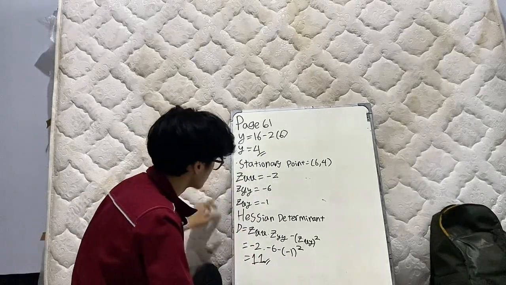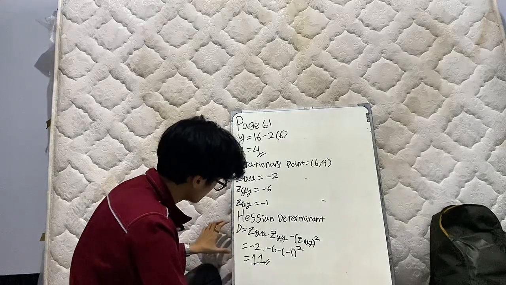Now we have found the stationary point and the Hessian determinant.